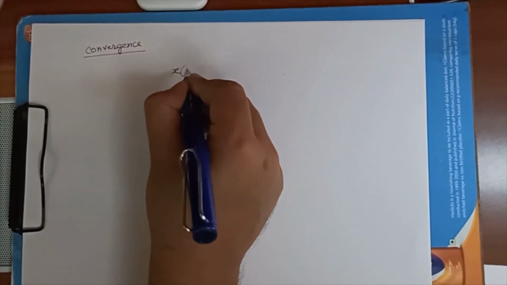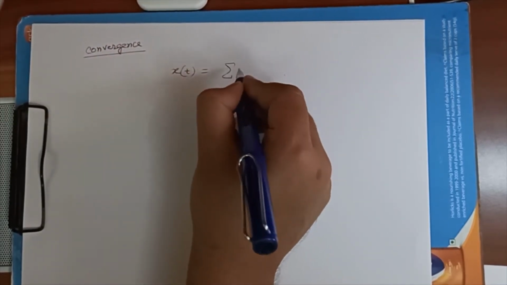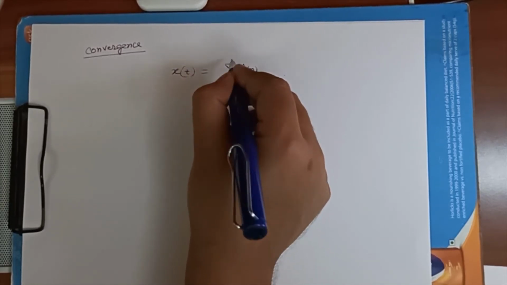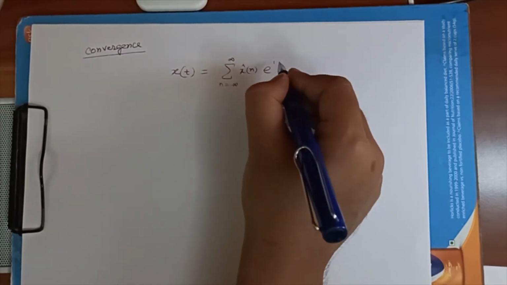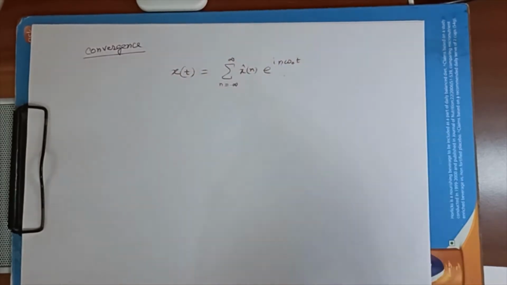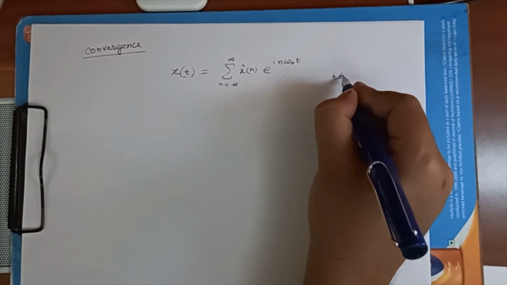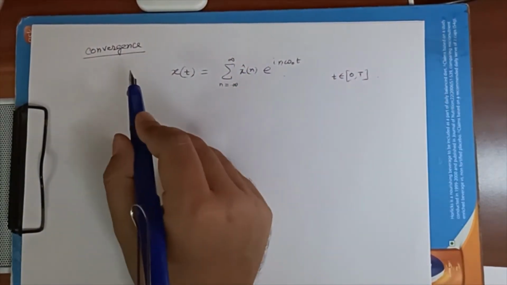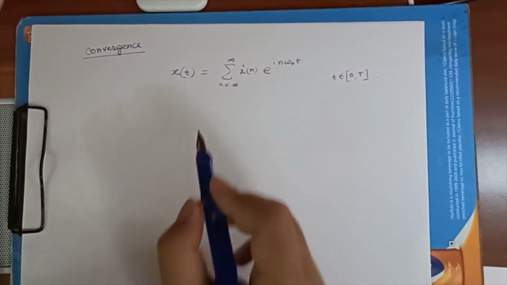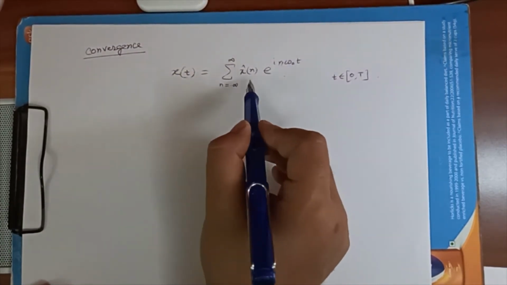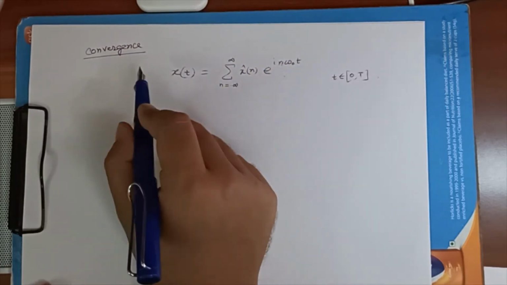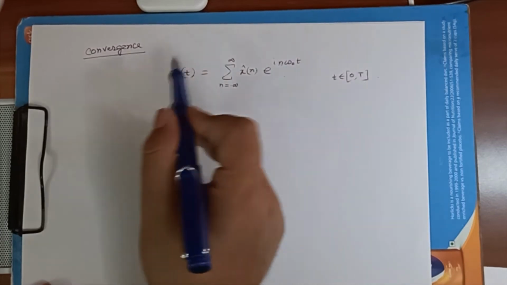When we write the Fourier series, suppose I am writing x(t) equals the summation of x hat n e to the power i n omega 0 t, for all integers n from minus infinity to infinity. Now here t runs from 0 to capital T. So that means, how many equations are there? There are uncountably infinitely many equations embedded in this form. For every t, you will get one equation.